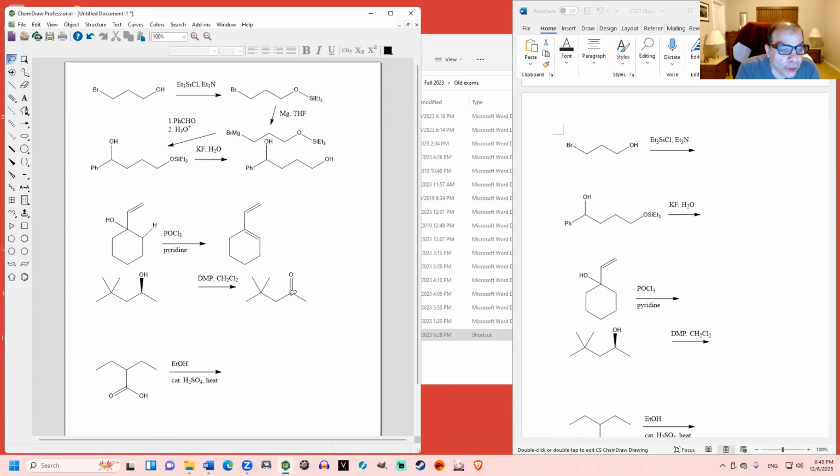Actually, the program did it automatically because now this carbon is not chiral. It's sp2 hybridized. So there's no wedges or dots. It's not a chiral compound. That's a very important thing to know from chapter 5, is how to tell when a compound is chiral or not. That's going to be important all next semester as well.